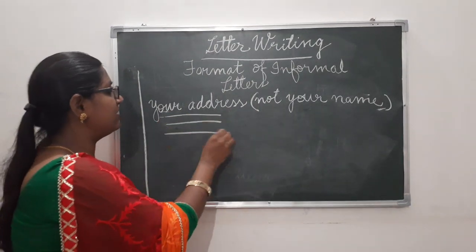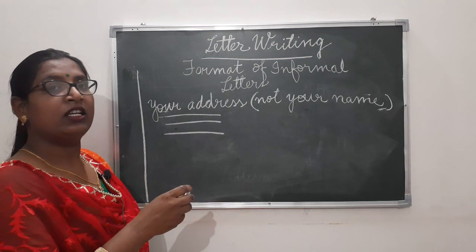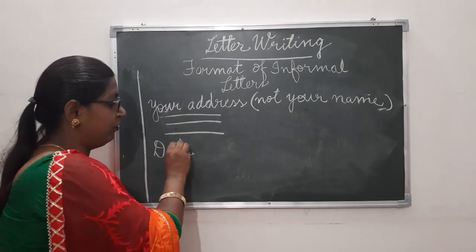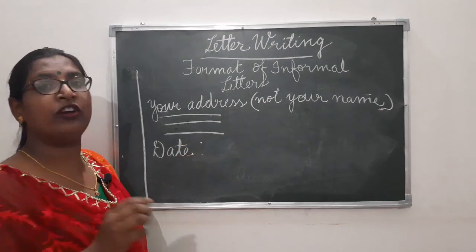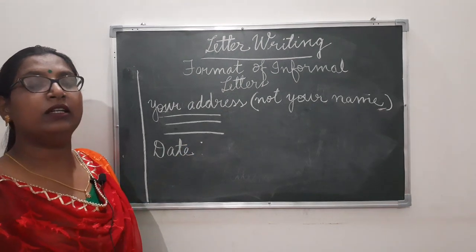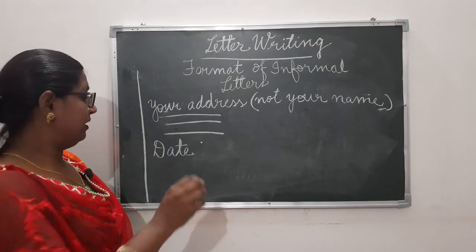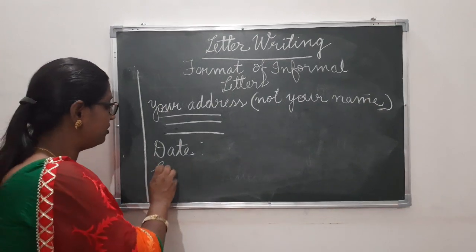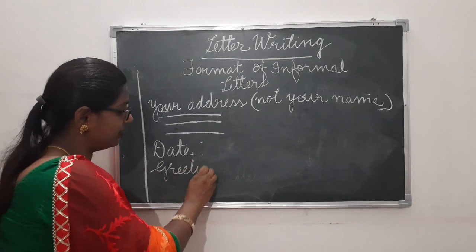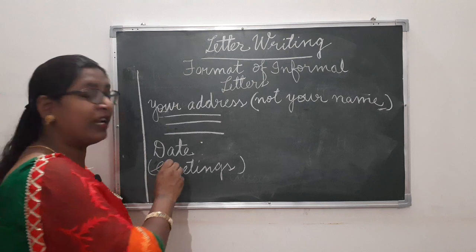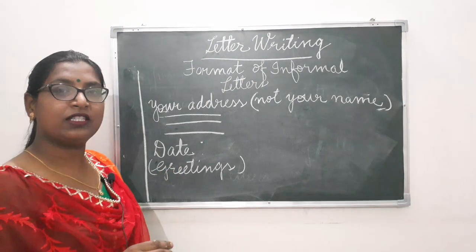After the sender's address comes the date. We should mention the date on which we are writing the letter. After writing the date, we should write the greetings, which are also known as salutations.